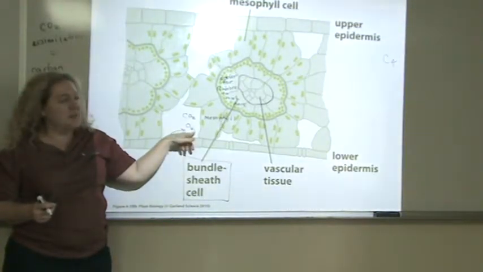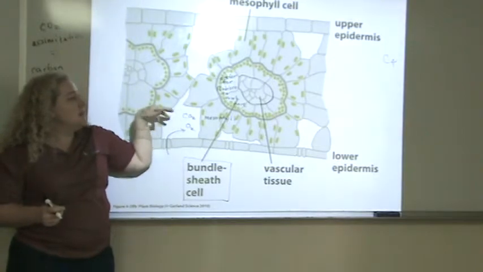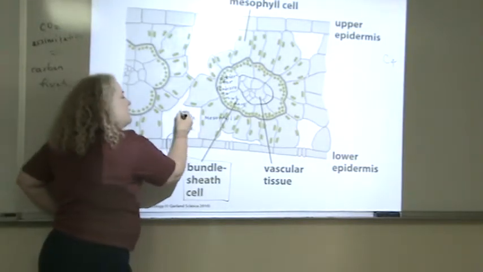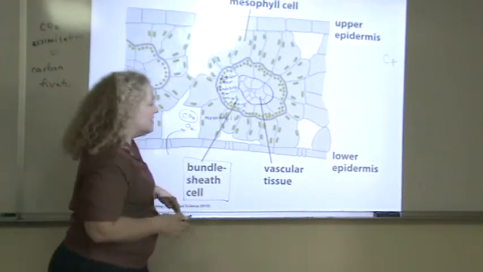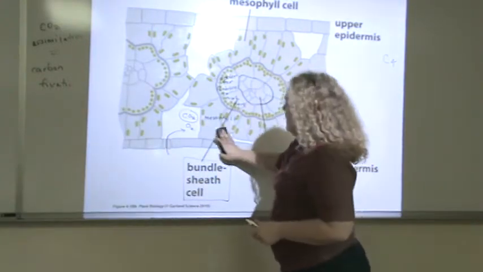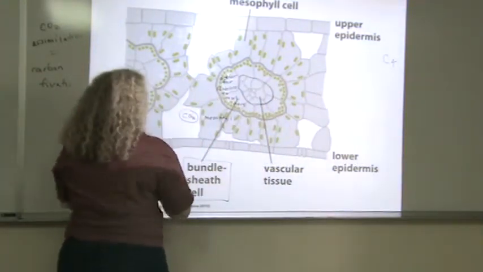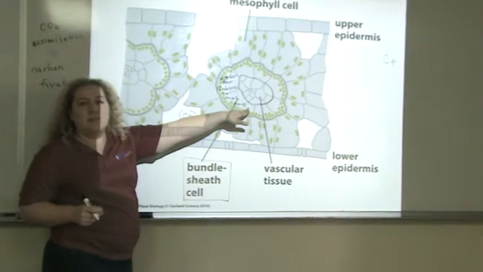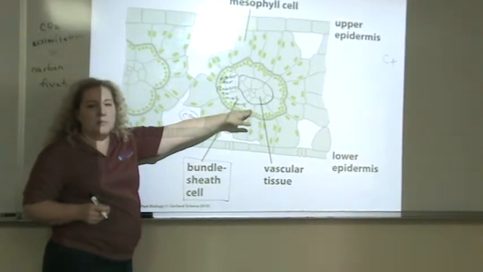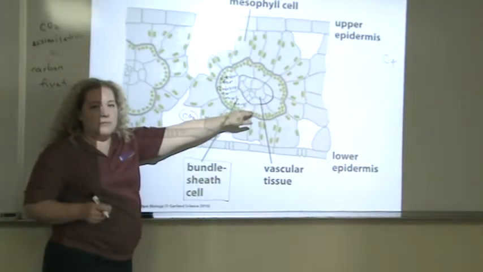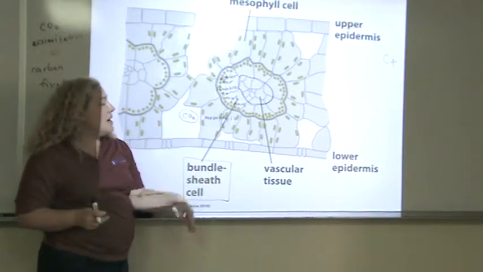It's also not coming into contact with as much CO2. So the trick of C4 photosynthesis is to get CO2 and not oxygen from the air in here for Rubisco to work on it. And that's what we're going to see next, how that actually happens.